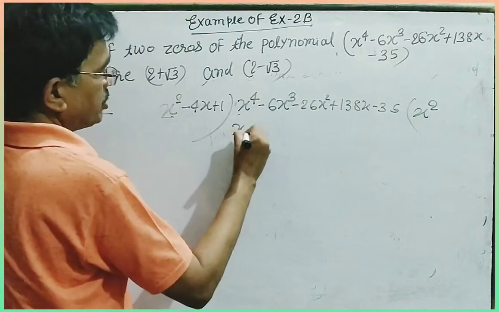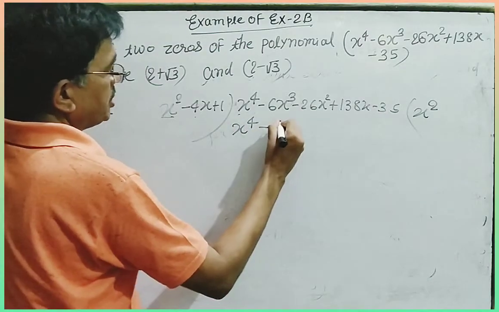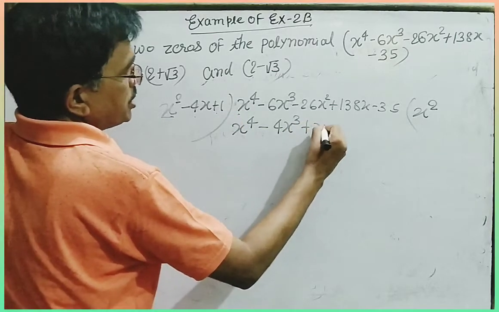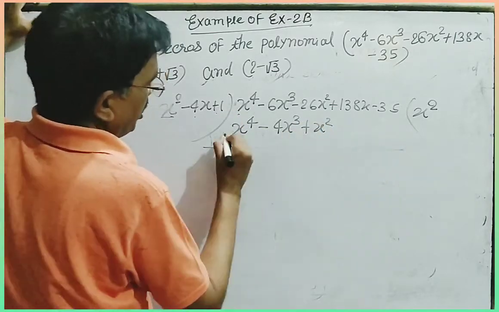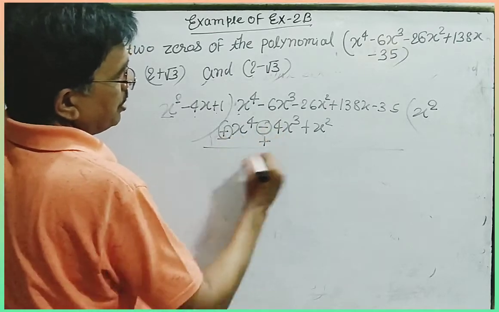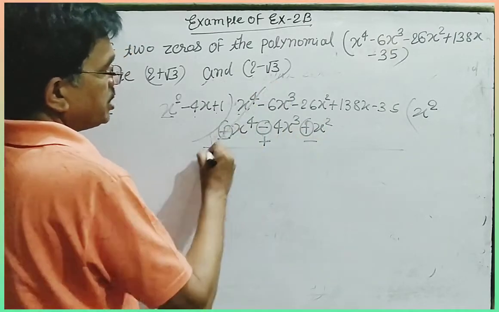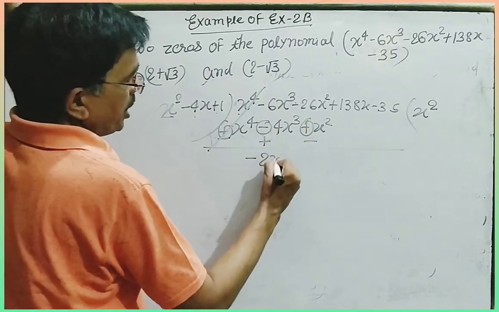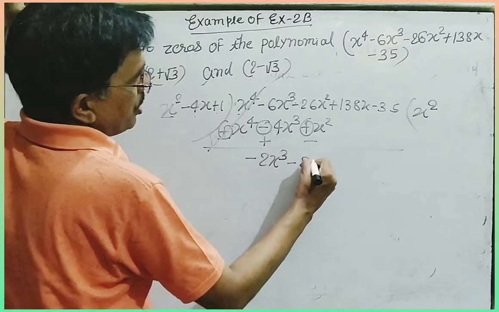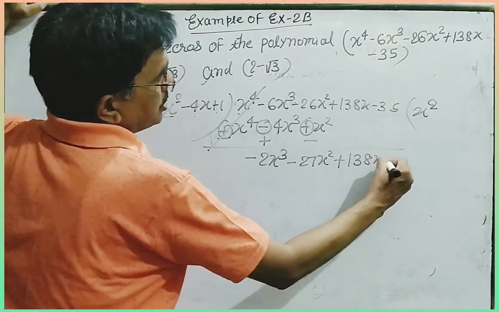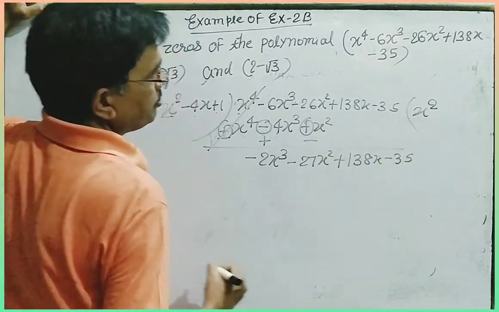Then you get x to the power 4 minus 4x cube plus x square. Hence the signs change: plus, minus, minus, plus. Cancel. It is minus 6 plus 4, then minus 2x cube and minus 27x square plus 138x minus 35.